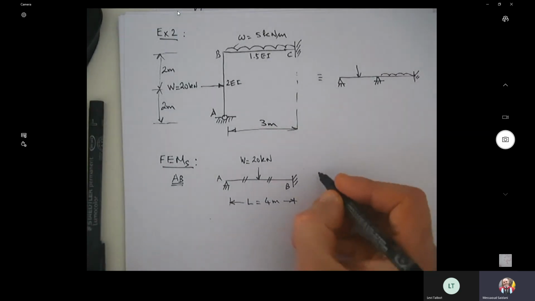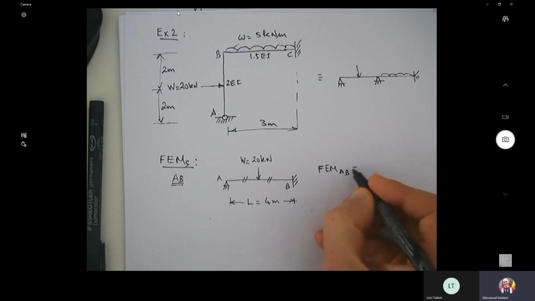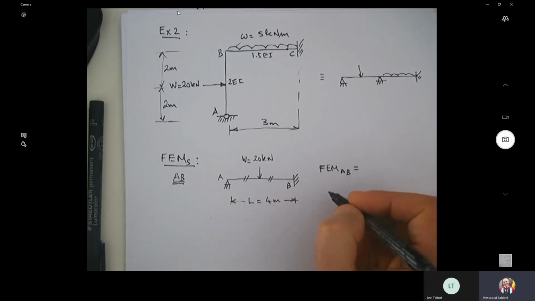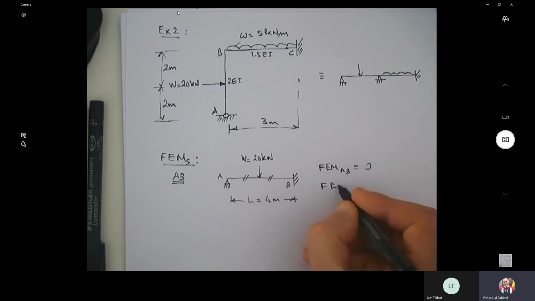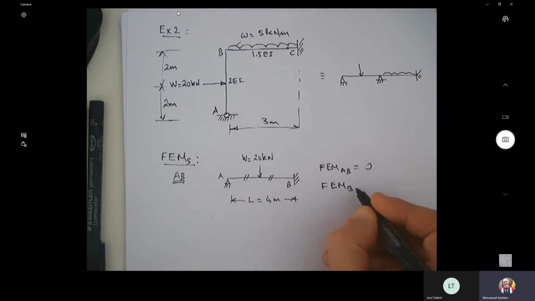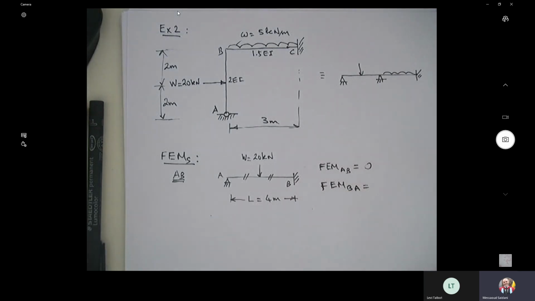So what's the fixed end moment, please? What is it at A? If it's simply supported, what is it at A? 0. What is it at B, please? Look at your table. It's not 0, because at B it's fixed.